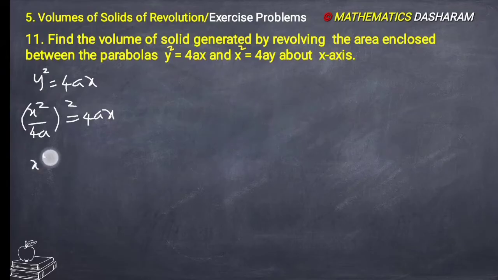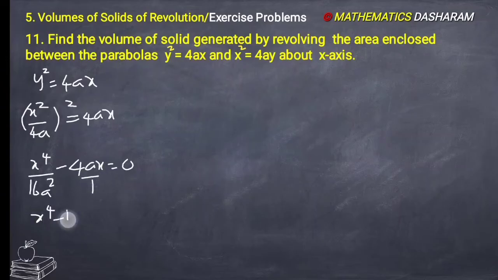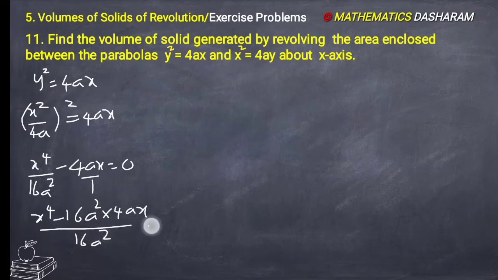Then x to the power of 4 divided by 4, 4 fours are 16a squared, minus 4ax equals 0. So x to the power of 4, here we can take 1 by 16a squared into 4ax, divided by 16a squared equals 0.